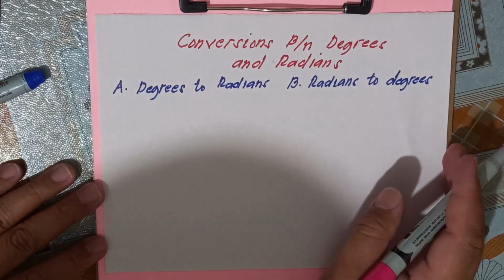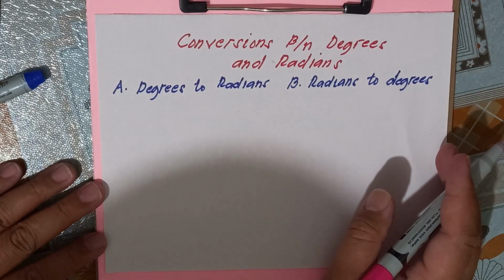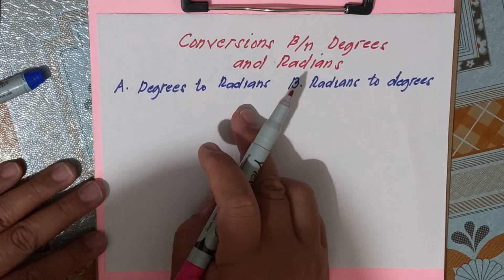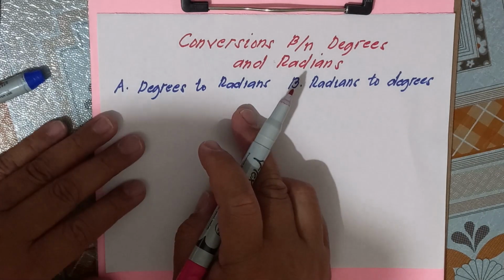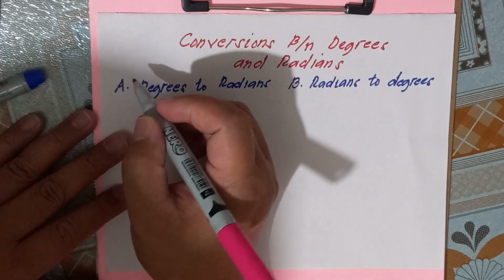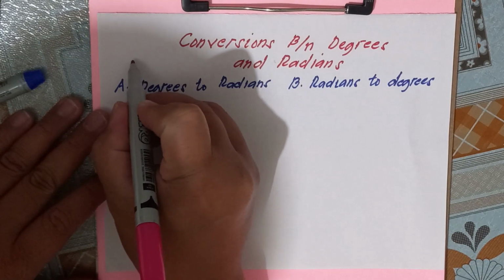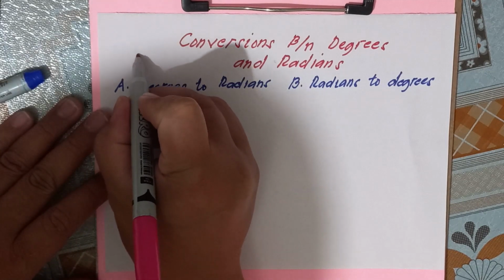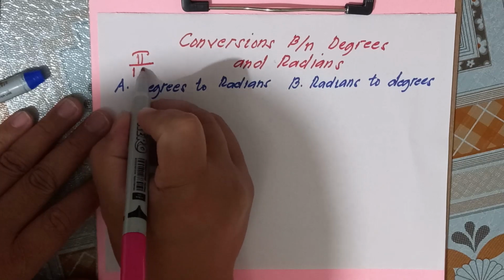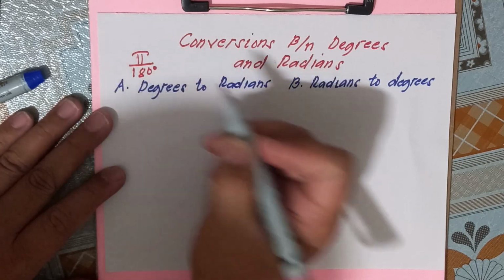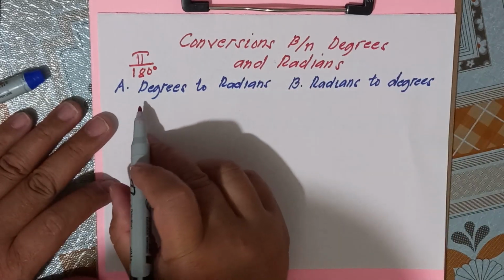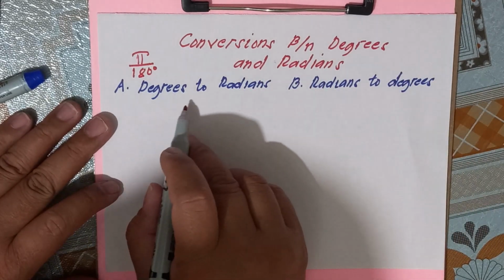So when we have the conversion that is degrees to radians, our multiplier in here is actually pi over 180 degrees. That would be our multiplier when we are converting degrees to radian.